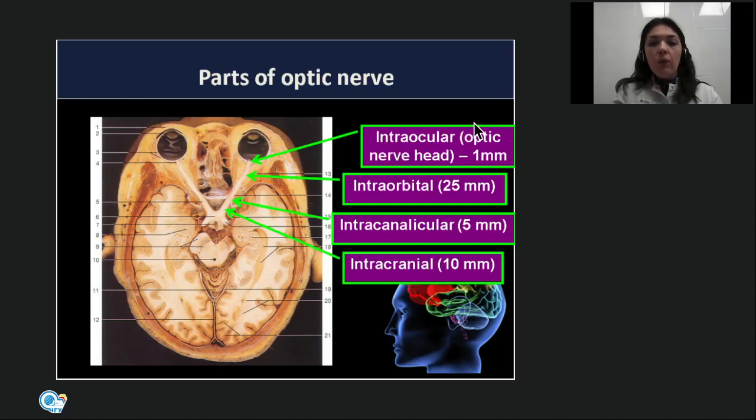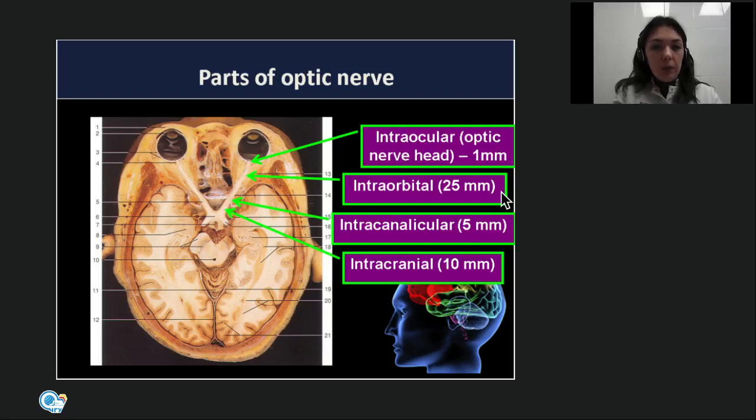They are 4. First, that very small part, it's only 1 millimeter. It is the intraocular part that passes inside the eyeball. It is the optic nerve head. Then the infraorbital part, 25 millimeters, from the posterior pole of the eyeball up to the entrance into the optic canal.